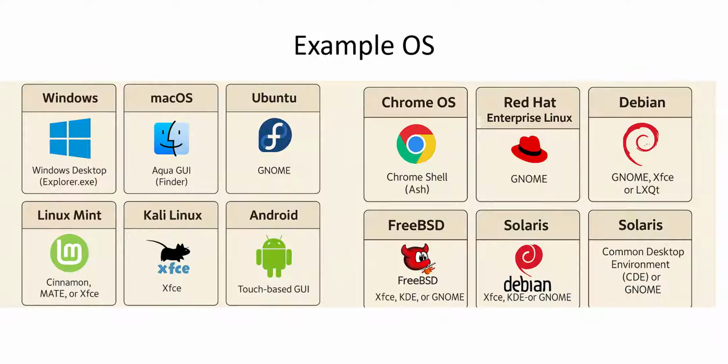Notice that many of these are actually built on similar underlying technology. For example, several Linux-based systems can run GNOME, XFCE, or KDE as their desktop environment. So, while the branding looks different, there's often shared DNA underneath.